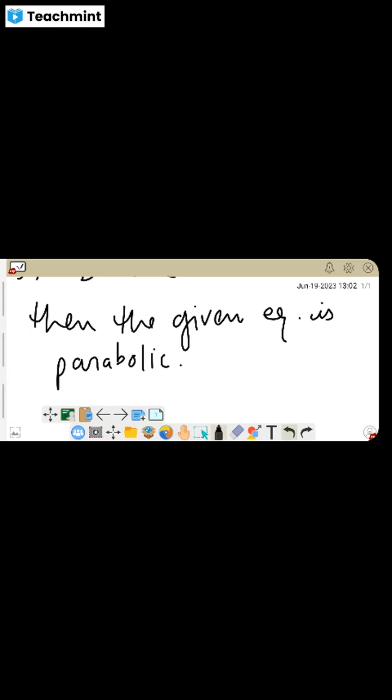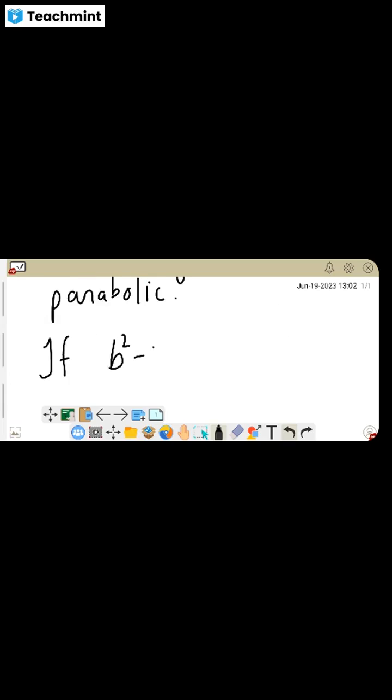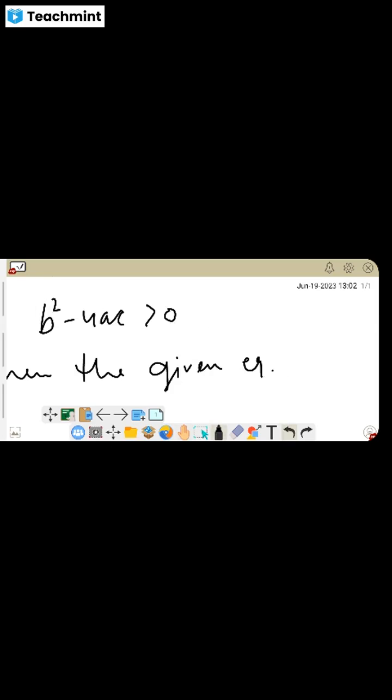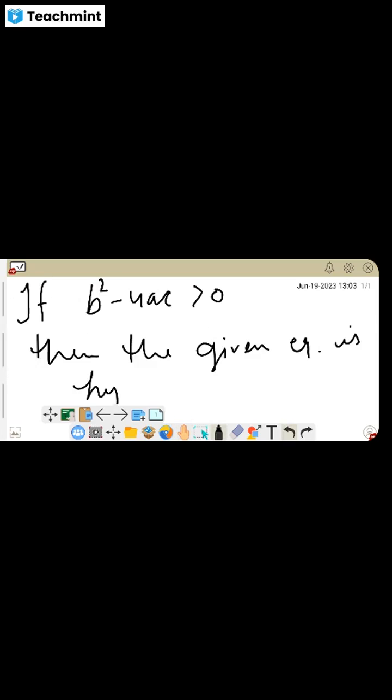And if b square minus 4ac is greater than 0, then the given equation is hyperbolic. So in this way we can classify the equation.